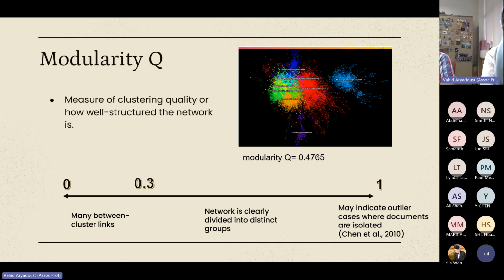We don't really want a very, very high score either, towards 1, because it may indicate that there are outlier cases where documents are isolated. So values between 0.3 and 1 show that the network is clearly divided into distinct groups, while 0 to 0.3 shows that there might be many between-cluster links.